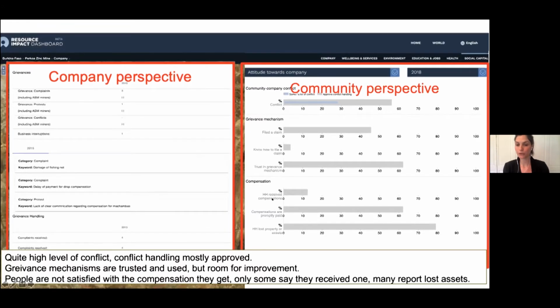However, only very few report that they received compensation. Of course, this is their perspective, but we also know more often than not, it is not the actual amount of compensation that defines if there is conflict or not, but it is equally important to capture the satisfaction of the community with the compensation. So to get an idea of the potential of conflict, it is crucial to get this community perspective and their perception as well.